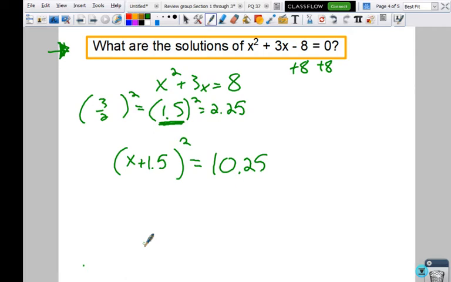Alright. Greg, what should our next step be? Yep. Then we're going to square root it. And we're going to get x plus 1.5. And what's it going to equal, Ashlyn? What's the square root of the 10.25? What's the square root right there?